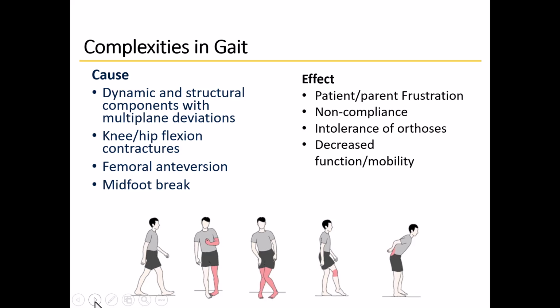And what this does is that it causes patient frustration, non-compliance of wearing an orthotic, the intolerance of an orthotic, meaning it may cause increased pain when wearing or skin breakdown, and could also actually decrease function or mobility.